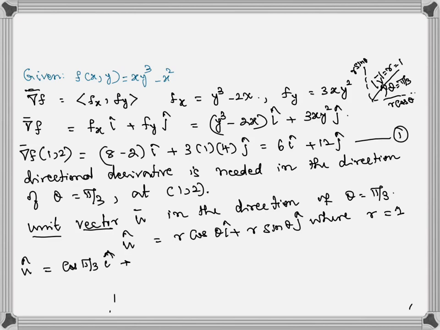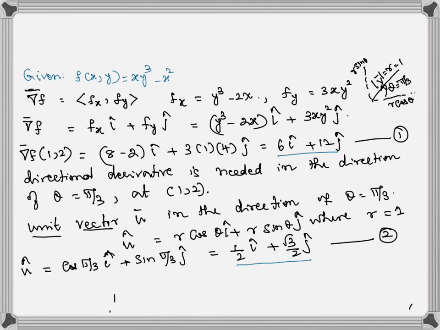So u equals cosine of pi by 3 i plus sine of pi by 3 j, which is 1 half i plus root 3 over 2 j. In step 1 we got del f at (1, 2). In step 2 we got the unit vector u.